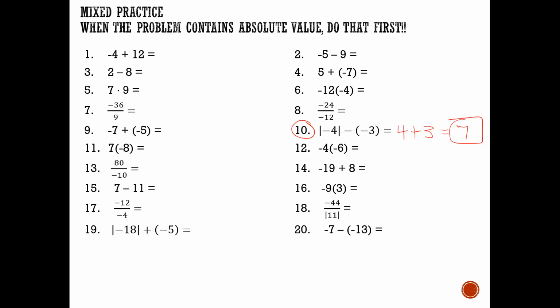One other thing that I want to mention when you start mixing the operations: after learning multiplication, a lot of students think, okay, two negatives make a positive, and that is true when you are multiplying. Okay, so we saw earlier, if I multiply negative 2 times negative 4, I get a positive 8.